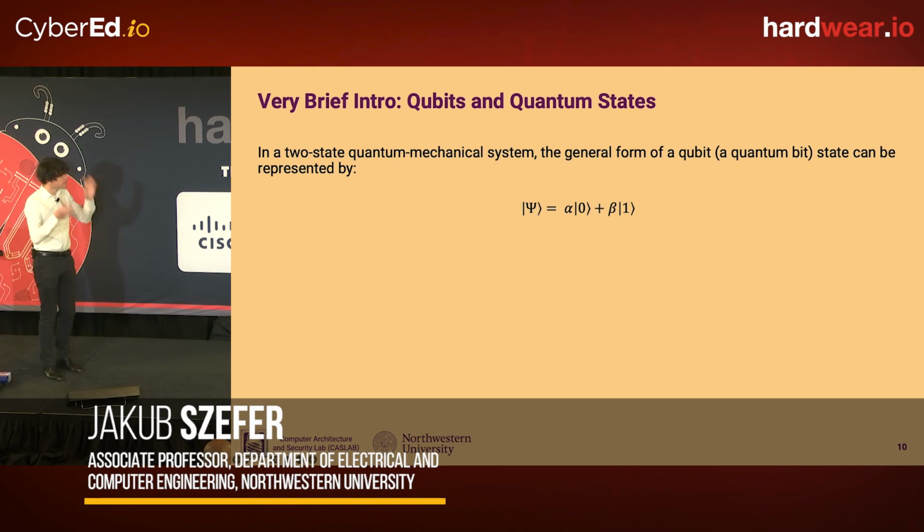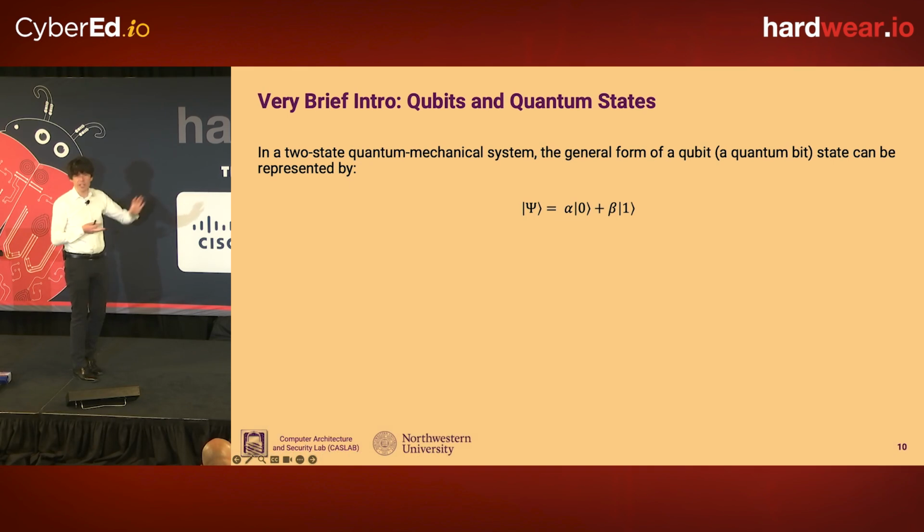As a very brief introduction, maybe you've seen this notation somewhere before. When we talk about quantum computing, we have qubits. Most of the systems are what's called a two-state quantum mechanical system. You can basically think of each qubit as having two basis states. Like ket 0 could be a lower energy state, and ket 1 could be a higher energy state, or it could be something being polarized, or spin up or spin down.